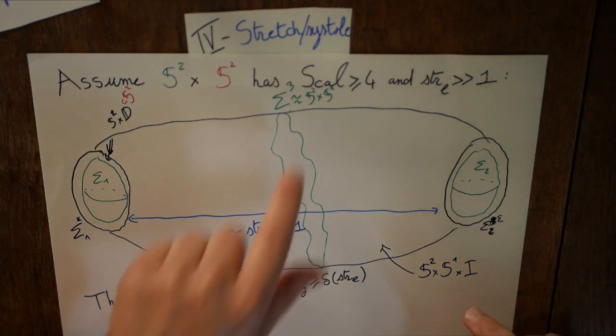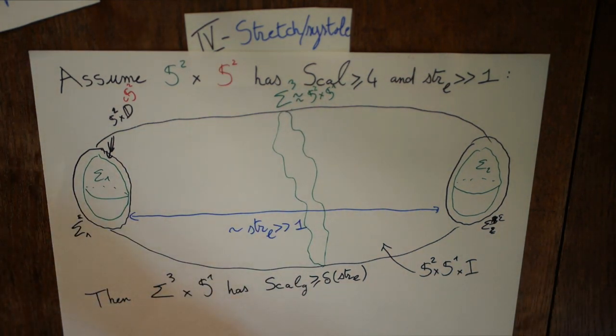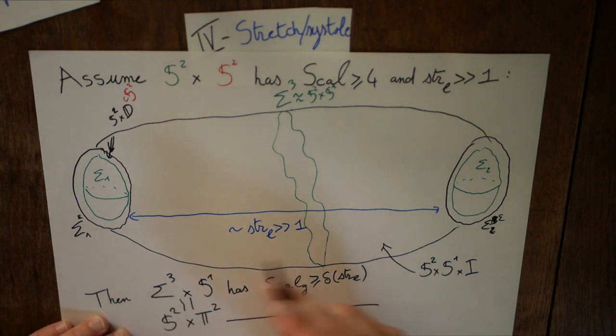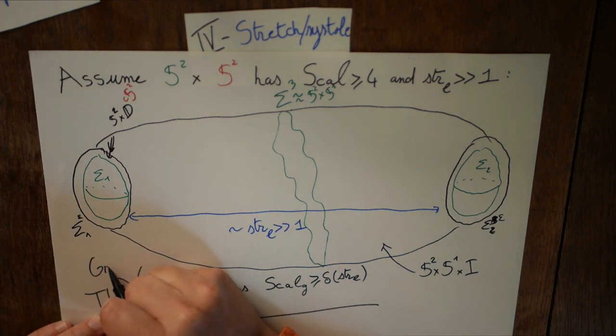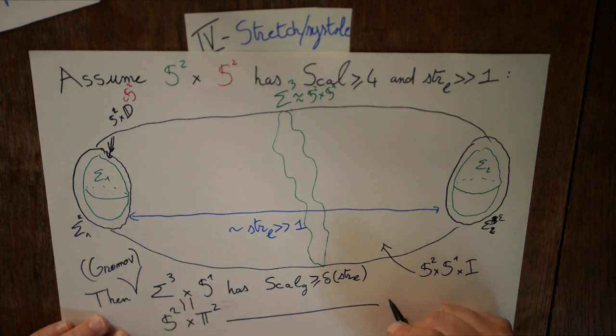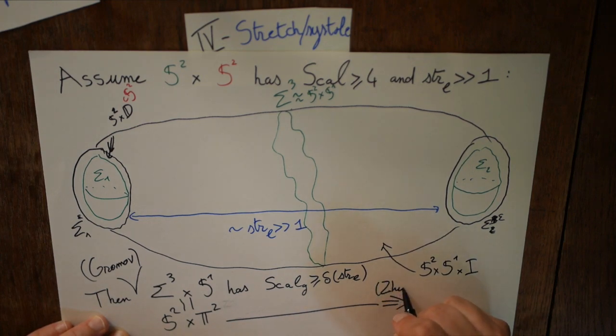But then, since sigma 3 is S2 times S1, this is actually S2 times T2. So here this will be by the theorem of Gromov. And so by the theorem of Zhu, we will have a control of the systole.